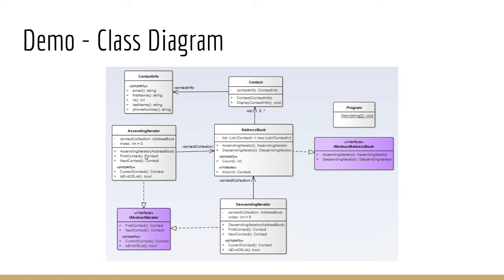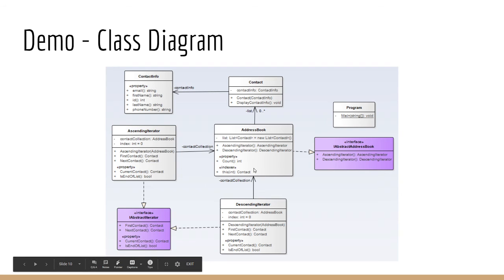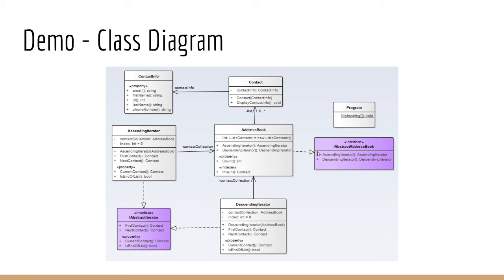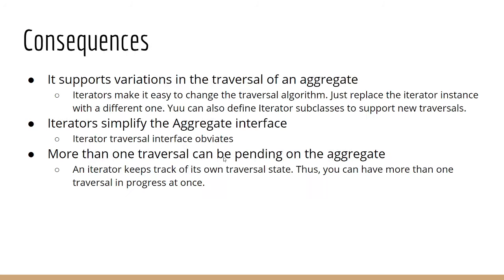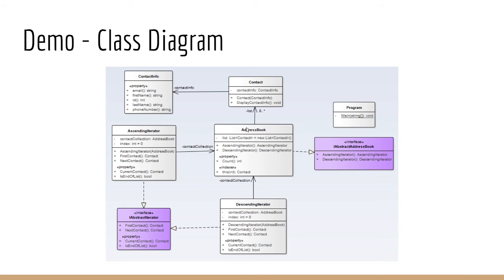These two, ascending and descending, are the concrete iterator. This is the iterator interface. This is the abstract iterator. The concrete aggregate: Address book is the concrete aggregate, and this is just the aggregate.